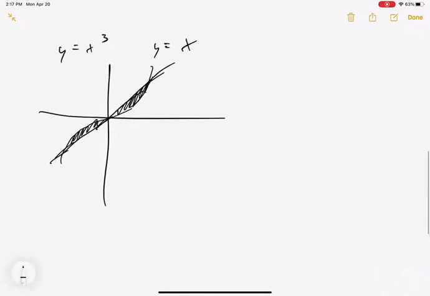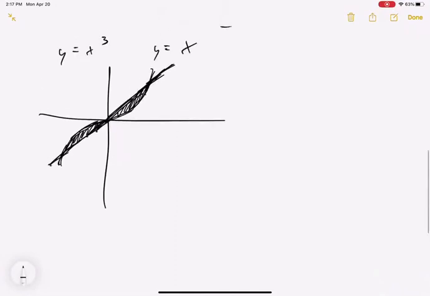Because in this left piece, y equals x cubed is on top, and on this right piece, y equals x is on top. So that's telling me I need to divide this into 2 different integrals. First thing is I need to find all these points of intersection, where my curves intersect each other. How do I do that?